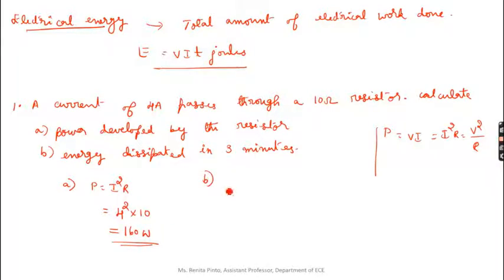Next, they have asked you to calculate the energy dissipated in 3 minutes. So E is equal to V into I into T joules. Your energy dissipated is nothing but your work done itself.